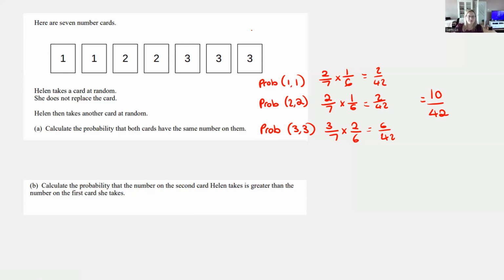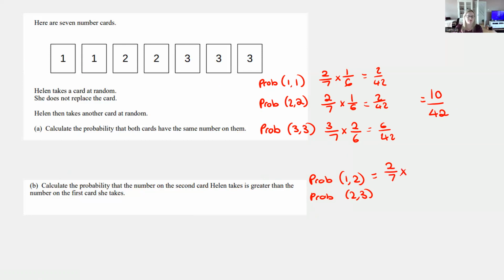Similar to the first question, it says calculate the probability the number on the second card Helen takes is greater than the number on the first card she takes. Well, there's only 2 chances of that happening. So the probability of a 1, then a 2, and then the probability of a 2 then a 3. So the probability of a 1 happening is 2 out of 7.